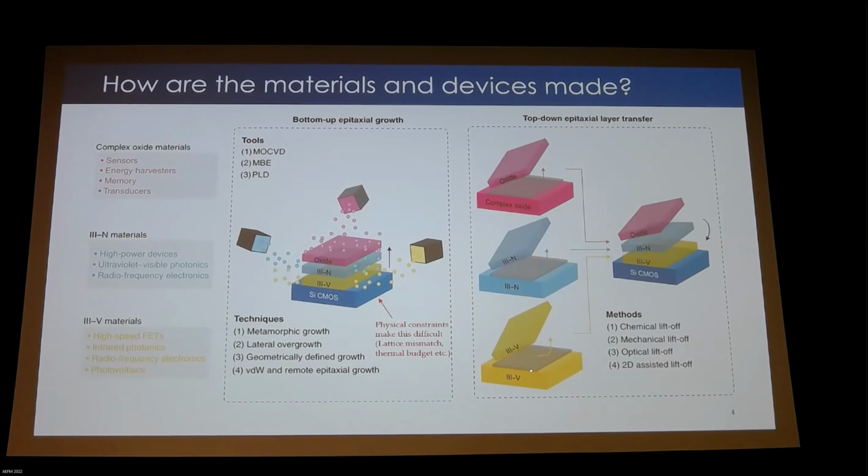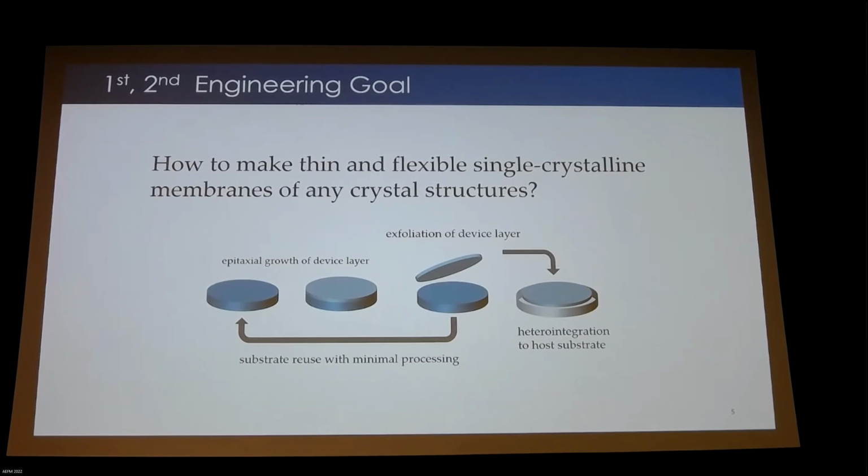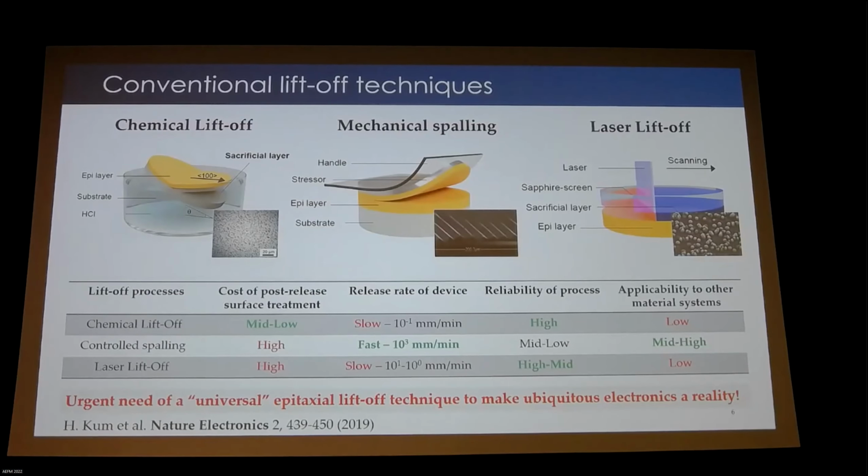There are a lot of methods already introduced by previous speakers, such as chemical liftoff, mechanical, optical, and 2D assisted. To achieve the first and second engineering goals, we have to epitaxially grow your device layer, exfoliate it, transfer it onto another foreign substrate that's more desirable than the host substrate, and then reuse the host substrate. There are already very established methods to do this.